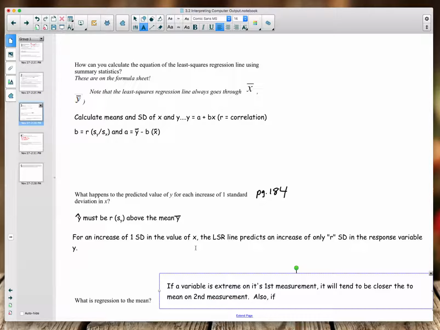And also, if it was extreme on the second measurement, it was closer to the mean on the first measurement.